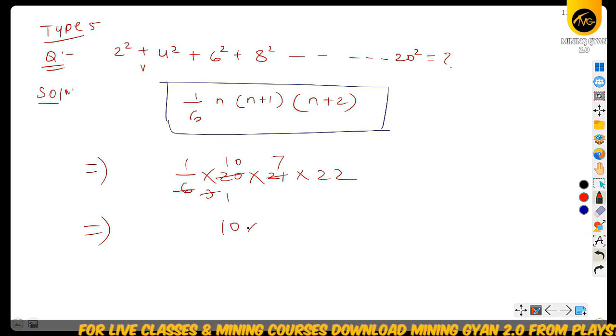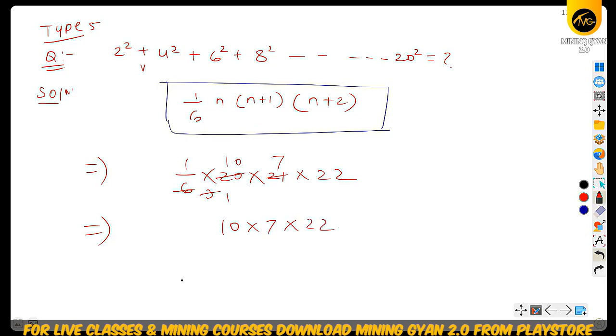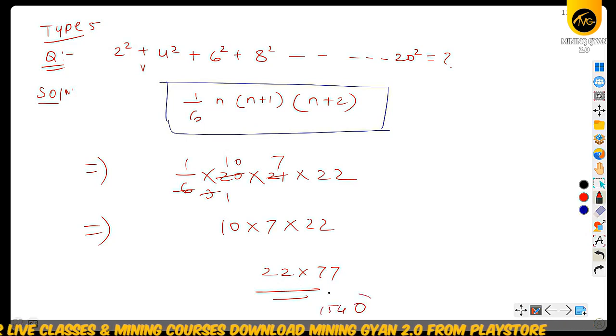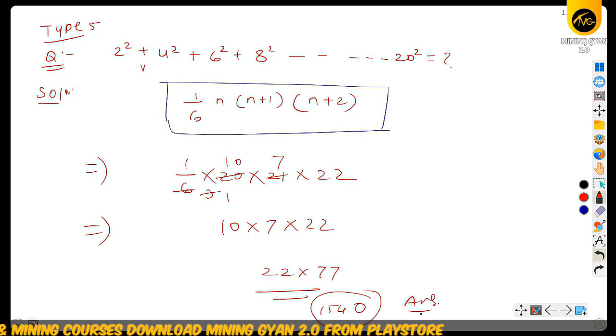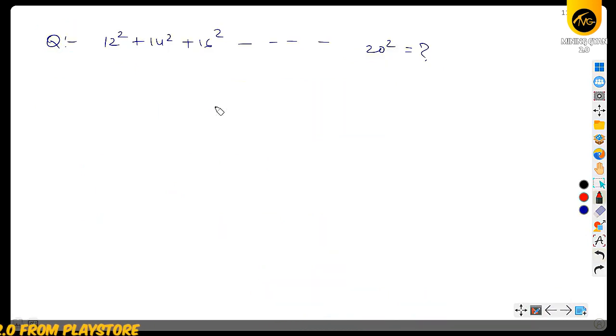Just multiply 10 into 7 into 22, or we can say 22 into 70. So the answer is 1540.